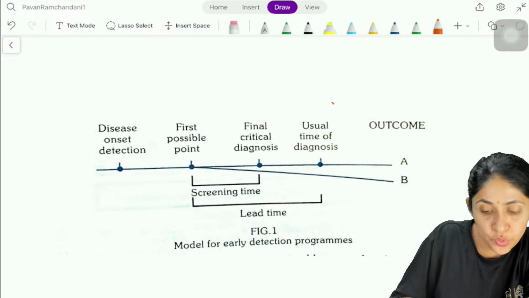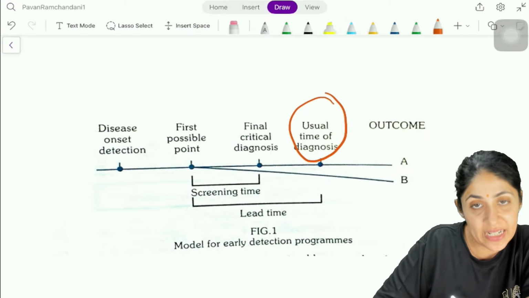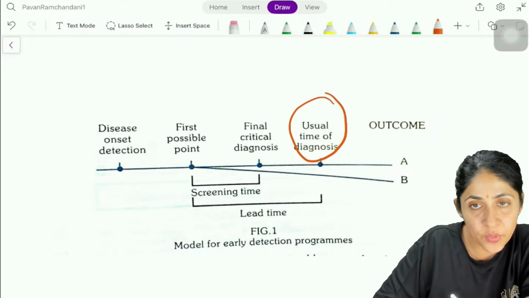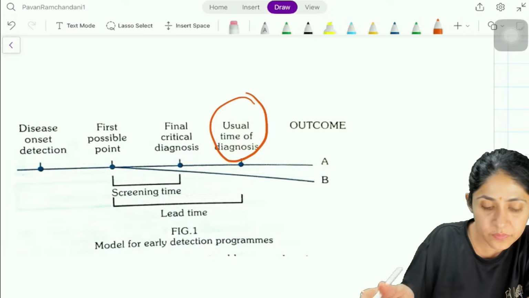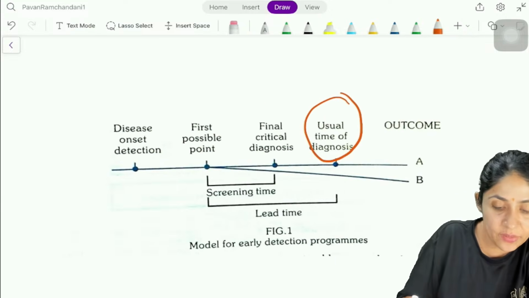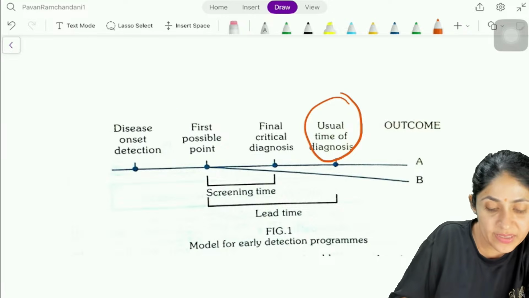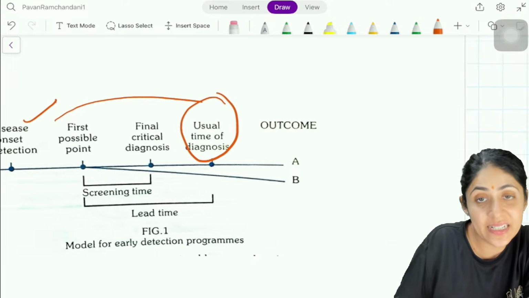Like the usual time of diagnosis and the initial detection. This is called the latent period. Why? Because there is usually a time between when the disease has started and when you diagnosed it, so that is the latent period.